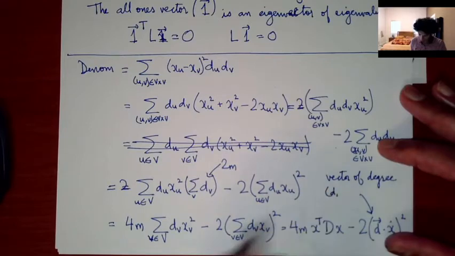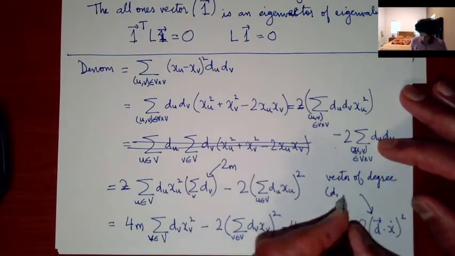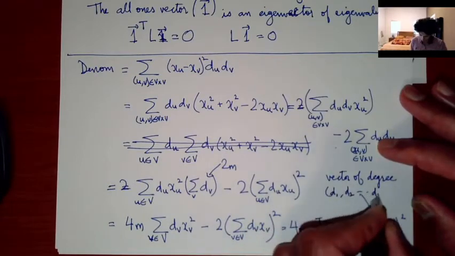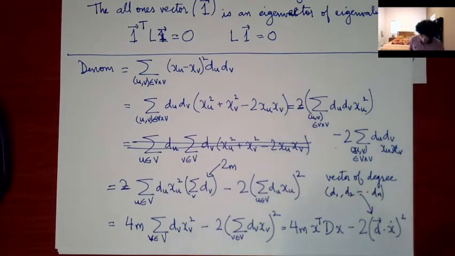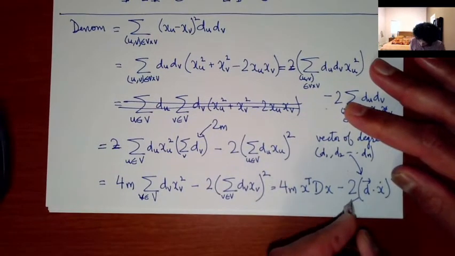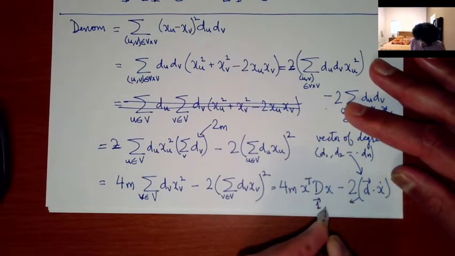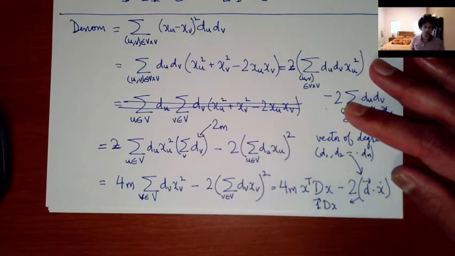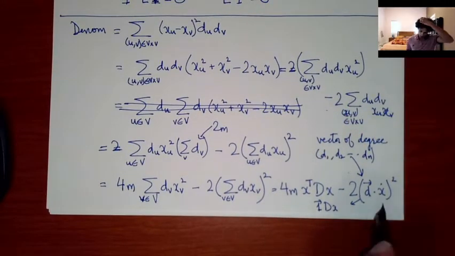So instead of the diagonal matrix, I just look at the vector. I can also look at this as a Rayleigh quotient, but it's going to be the same thing. If I wrote this as a Rayleigh quotient, it would be the vector 1 times Dx, the sum of entries in Dx, which I'll write also as follows.